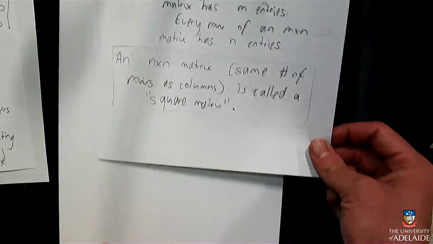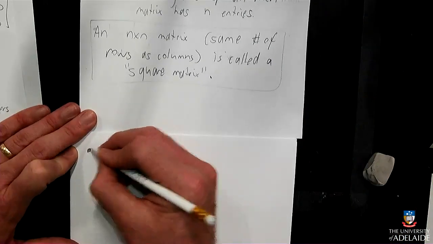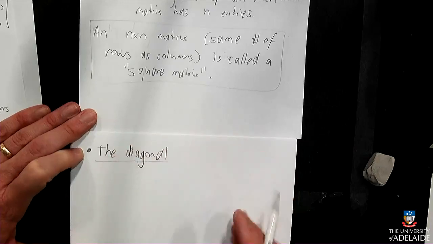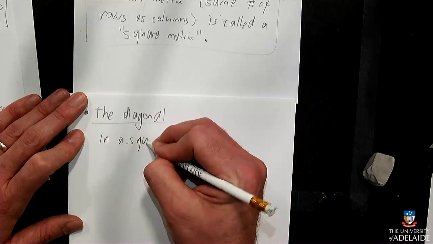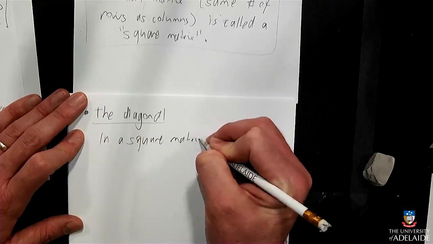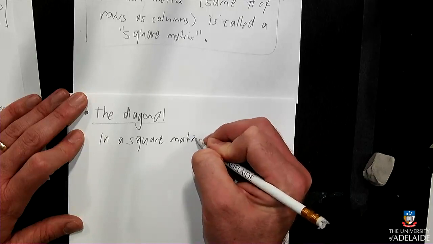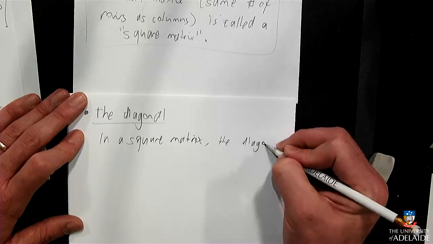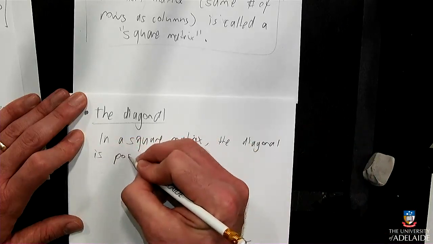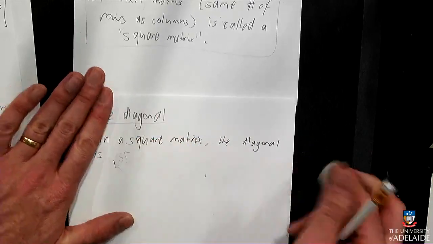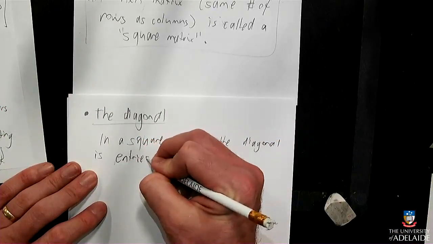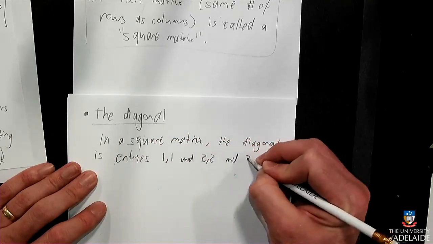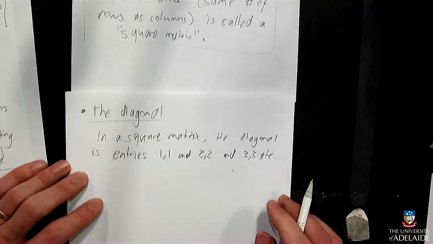Okay. So the last thing that you might want to find in a matrix is called the diagonal. And so in a square matrix, the diagonal is positions, is entries 1, 1, and 2, 2, and 3, 3, etc. That's what the diagonal is.